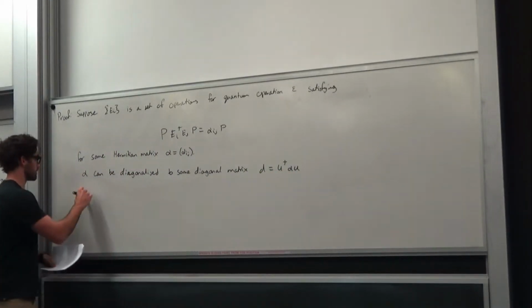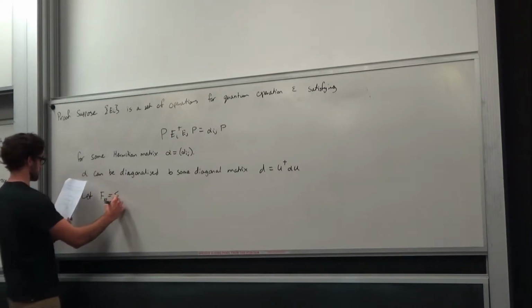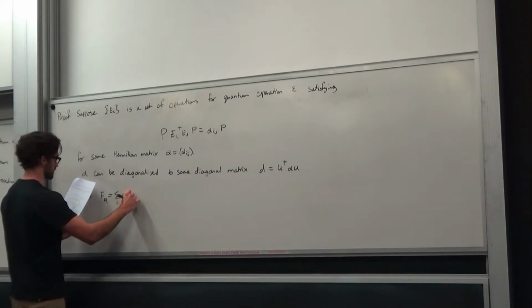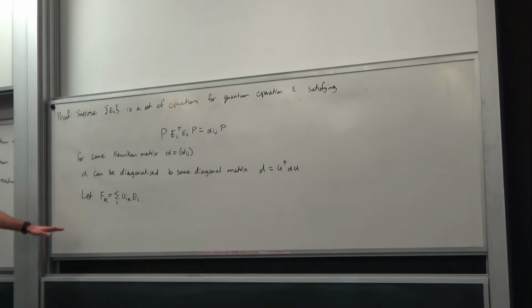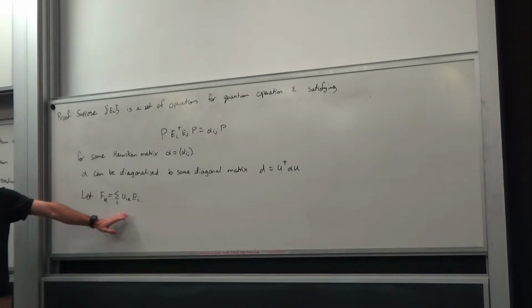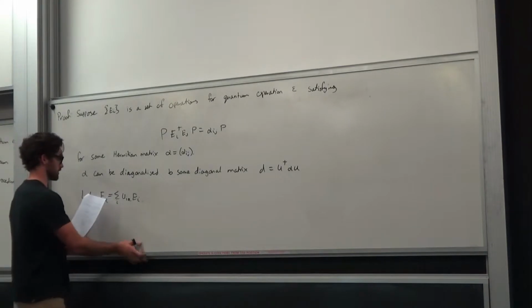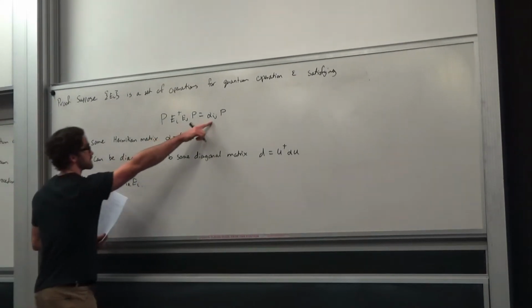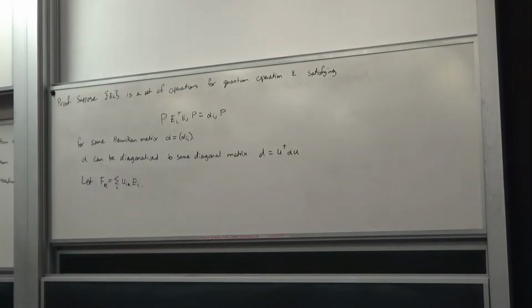And we're going to define this new set of elements like so, using this unitary matrix. So we know from our first theorem, 1.1, that this also describes the quantum operation E. Okay, and it's going to be a little bit useful because it allows us to diagonalize this sort of stuff here. So I might go to this board up here.